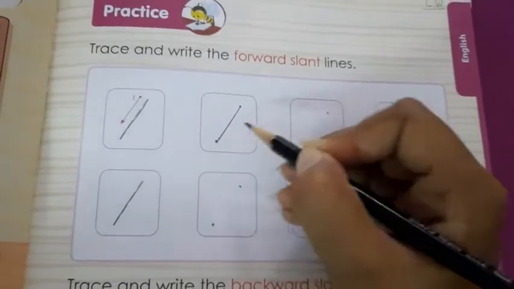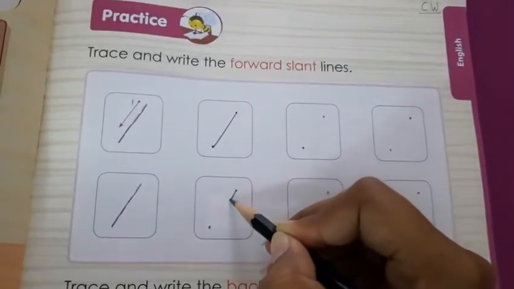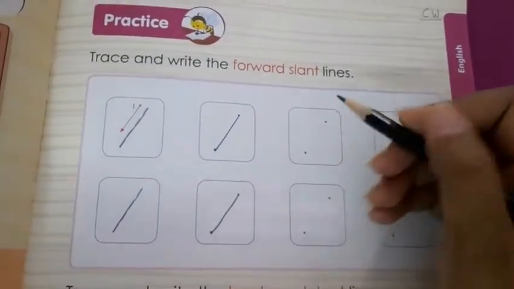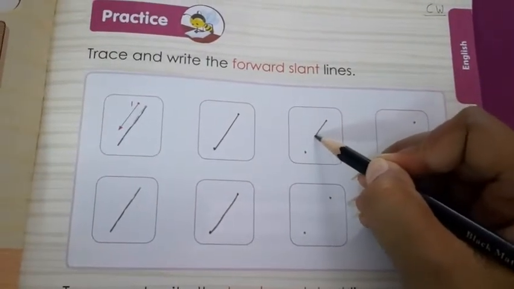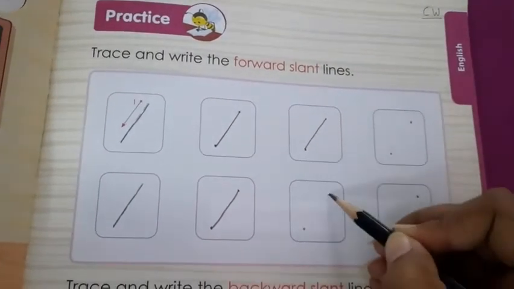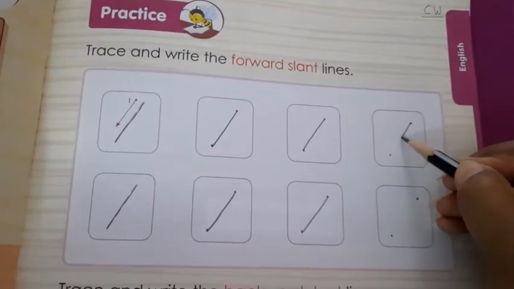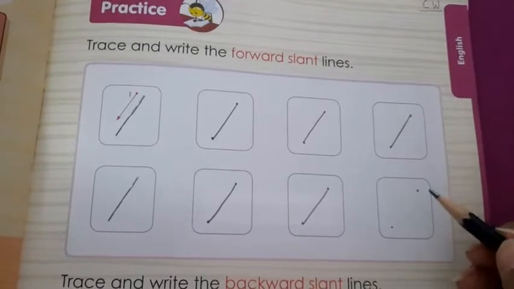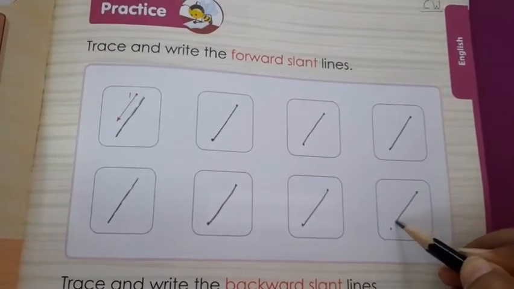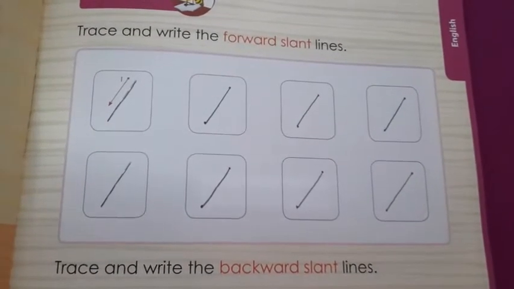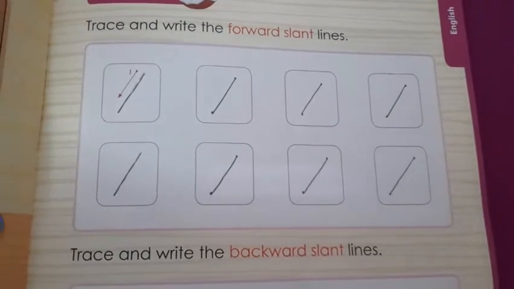It should not be wavy. Forward slant line. Which line is this, students? It's a forward slant line.